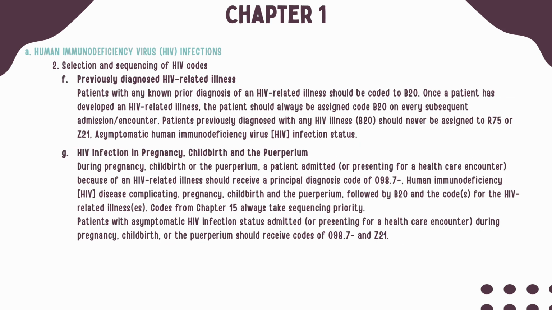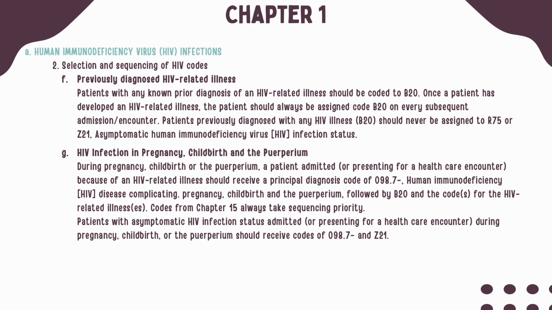If the patient has a previous diagnosis of an HIV-related illness, code B20 should be assigned. Once B20 has been assigned to the patient's record, Z21 or R75 should not be used again. When an HIV infection is present in a pregnant patient and they are being seen because of an HIV-related illness, a code from subcategory O98.7 should be assigned as a first listed code, followed by B20 and codes for any HIV-related illnesses.